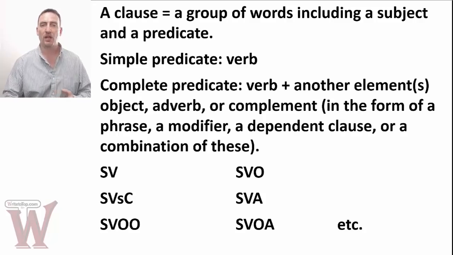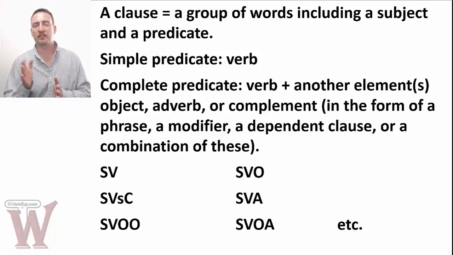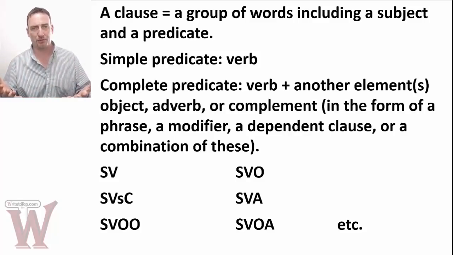Okay, now, what is a clause? Let's get down to the basics. So it's a group of words that includes a subject and a predicate. Now, before I said it includes a subject and a verb. A verb is called a simple predicate. If all you have is a subject and a verb, then you have a simple predicate, and this could be a complete sentence. But more often than not, it is not enough.